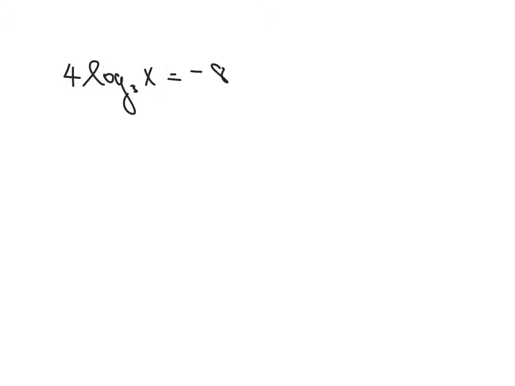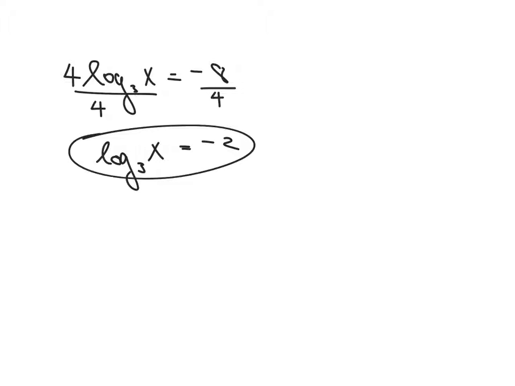So first of all, we're going to isolate the logarithm. Okay, so we're going to divide both sides by 4. Almost always, well, it is always what you do first. You isolate either the exponent or the logarithm. Okay, so now that we're in that form, we're going to change my logarithm to exponential form.